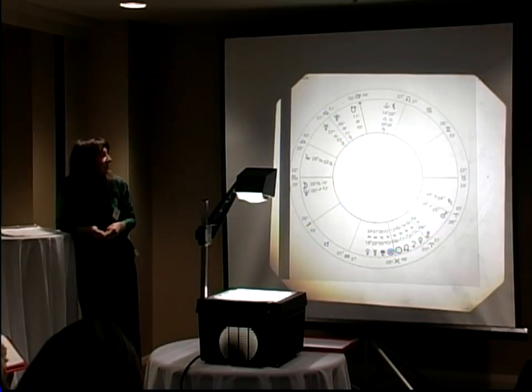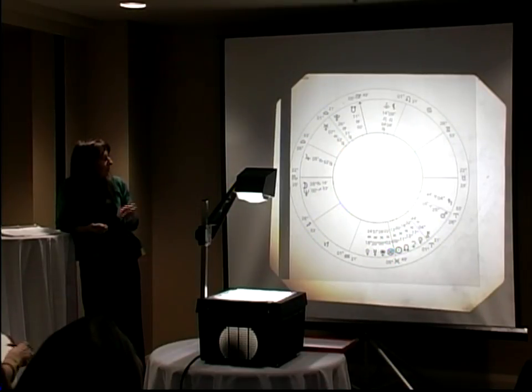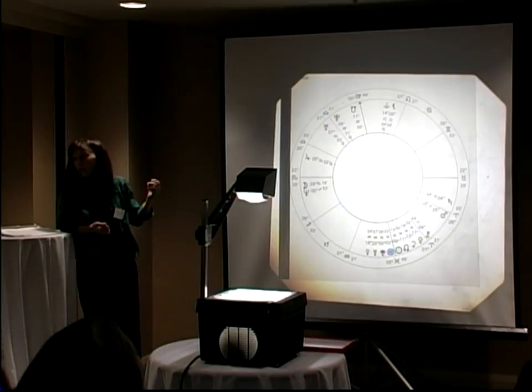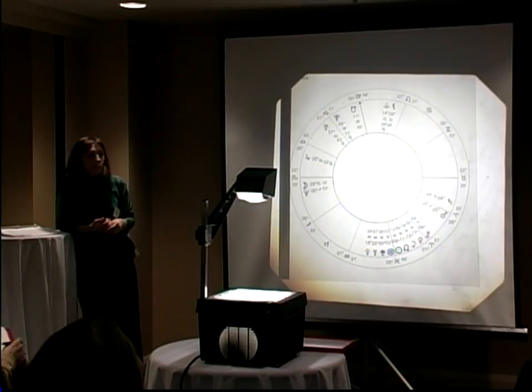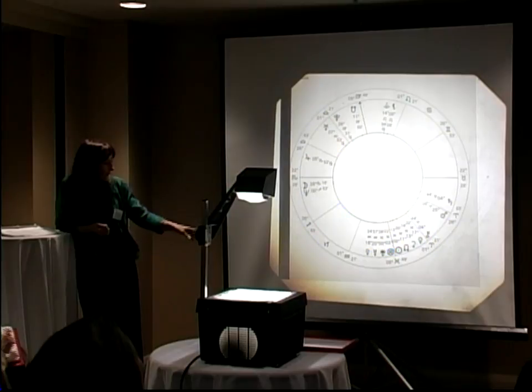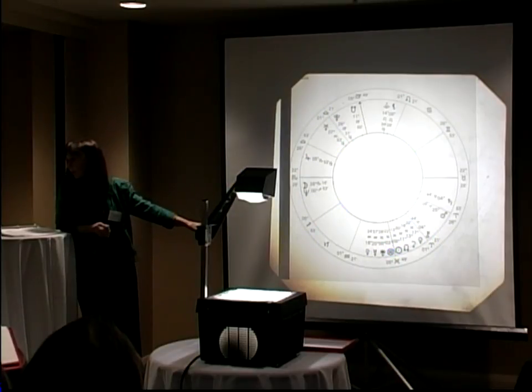All right. So we've already got a wounding issue that is being oriented to within this component here. And if we go down to the ruler of that Virgo archetype, we'll see we have Mercury in the sign of Aquarius in the 3rd house.